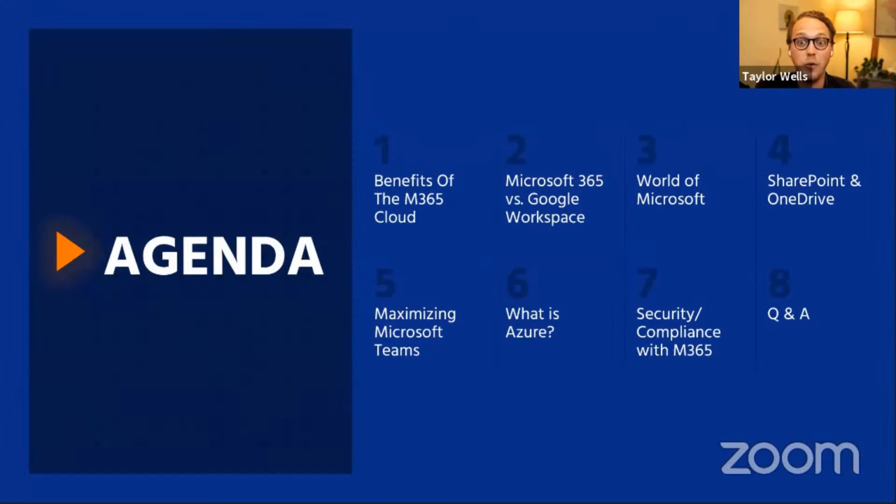So the agenda. We have a full agenda today, so before we jump in, here's a roadmap for the next 45 minutes to an hour. We're going to have about six or seven sections going through different pieces of Microsoft 365, doing some comparisons and deep dives into SharePoint, OneDrive, Teams, Azure, security and compliance, and then we'll wrap up at the end with Q&A.